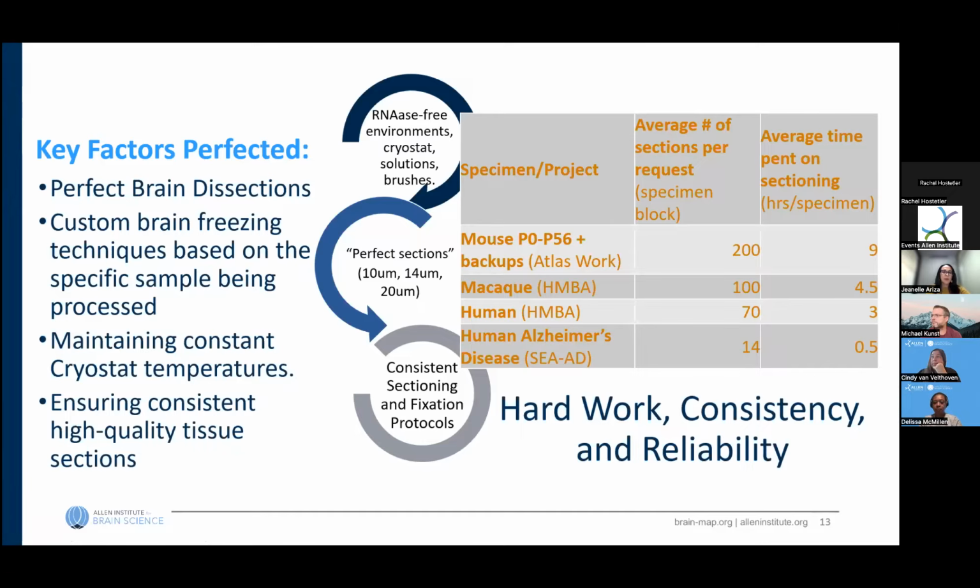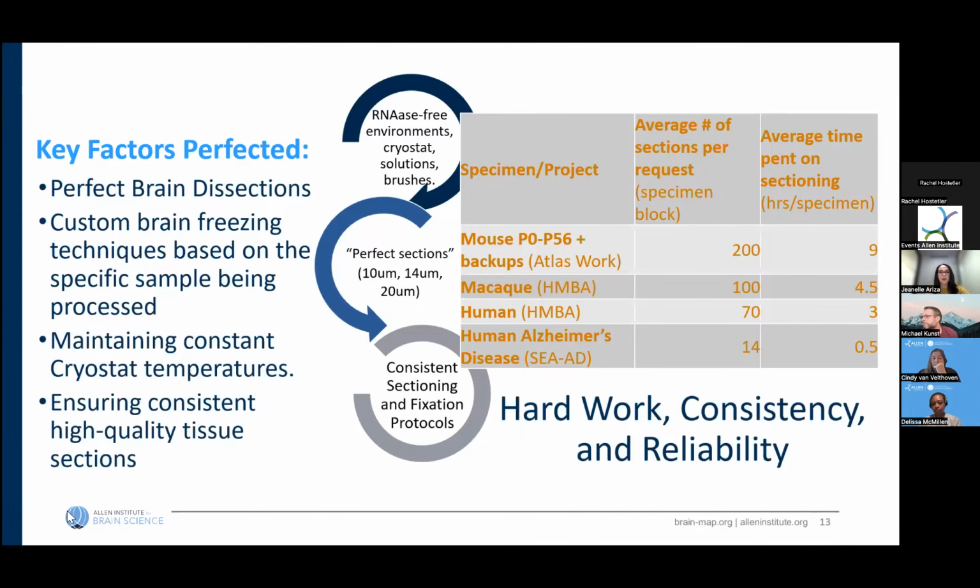And that means that we always make sure that all our environments are RNase free. Cryostat, solutions, brushes, everything that touches the tissue has to be super clean and RNase free. Also, we have perfected sections at 10 microns, 14 microns, and 20 microns for spatial transcriptomics analysis. And we have consistent sectioning and fixation protocols.